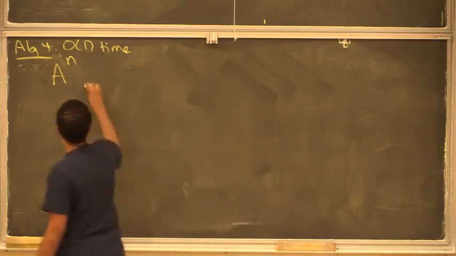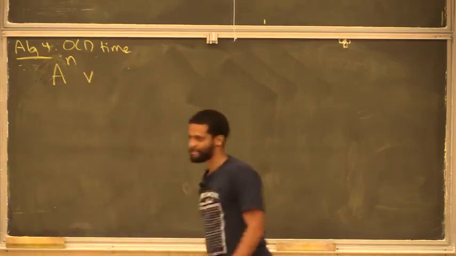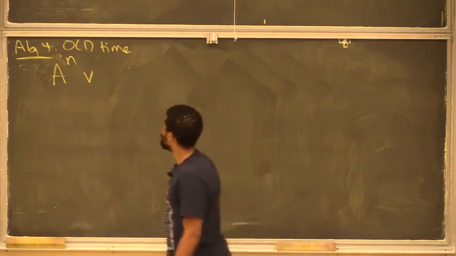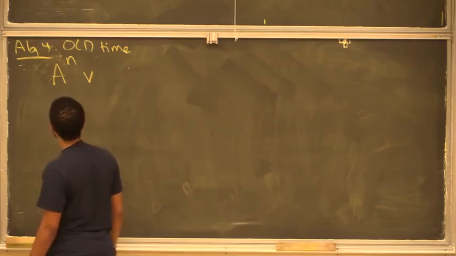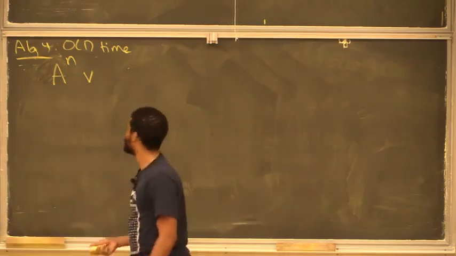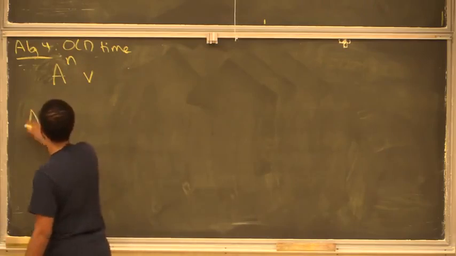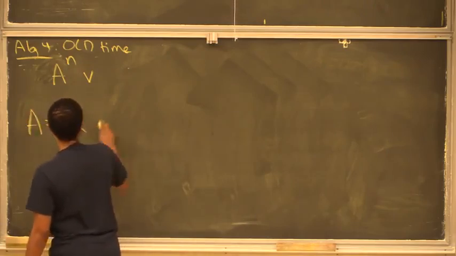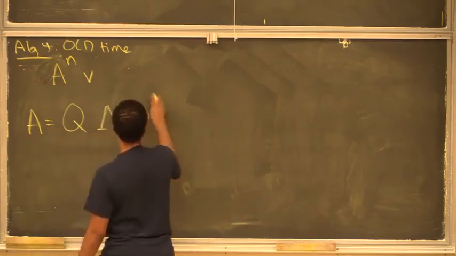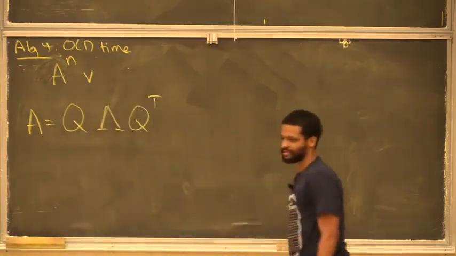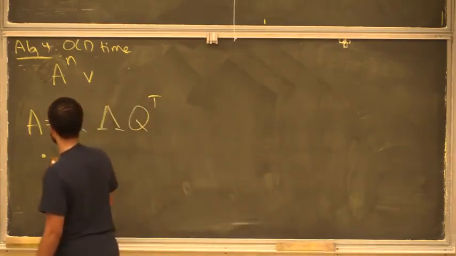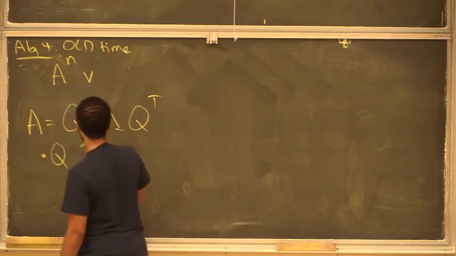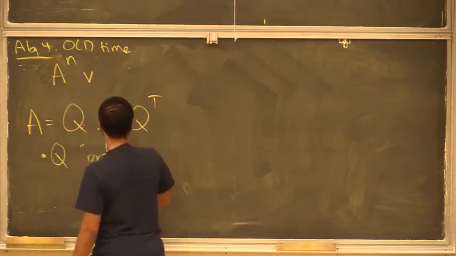We want to compute A to the n times V. Now, suppose we could get the eigenvalue decomposition, and we could write A as Q lambda Q transpose, where Q is what's called an orthogonal matrix.